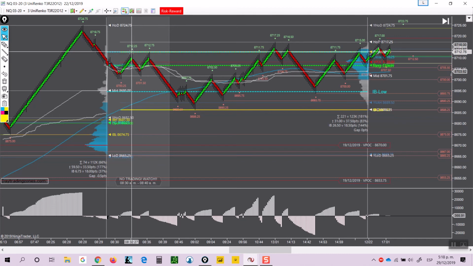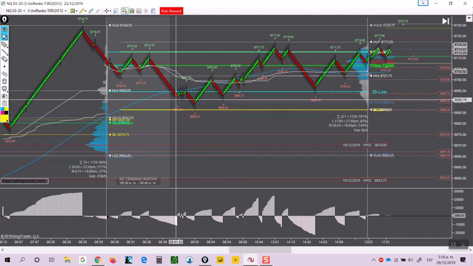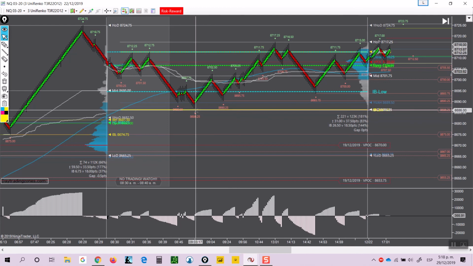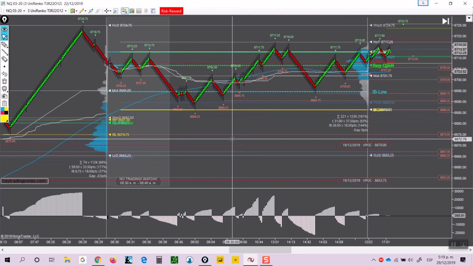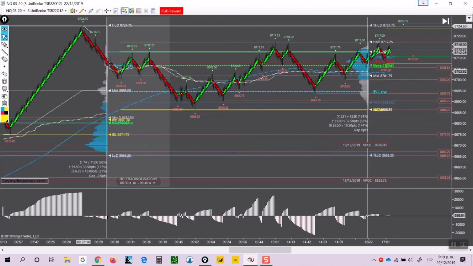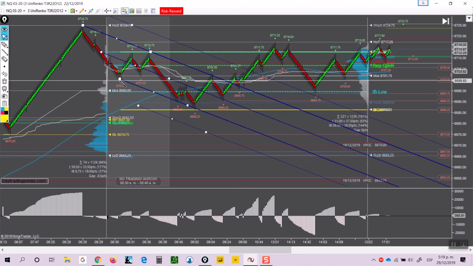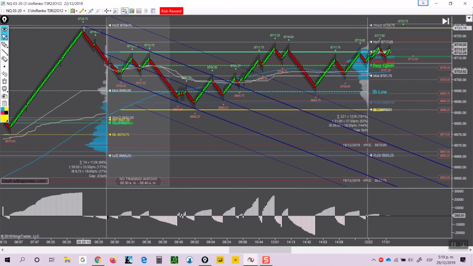So we establish our opening swing high, and we establish our opening swing low. Then price is trying to go lower and establish the initial balance low, and then price goes back up. So how do we approach this? First of all, we have our channel that we could use, from this opening swing high and this swing low.